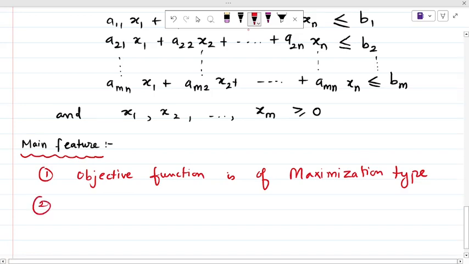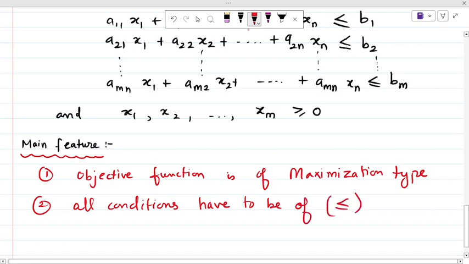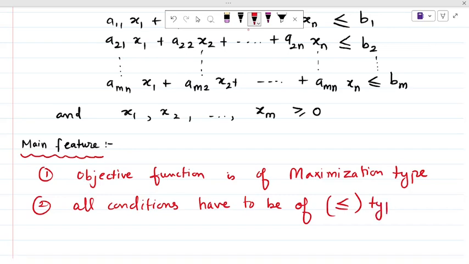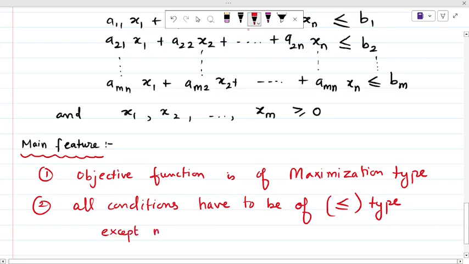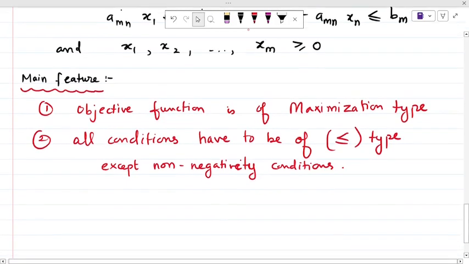Then the second and most important thing is that all constraints, all conditions, have to be of this type, less than or equal to type, except the non-negativity conditions.